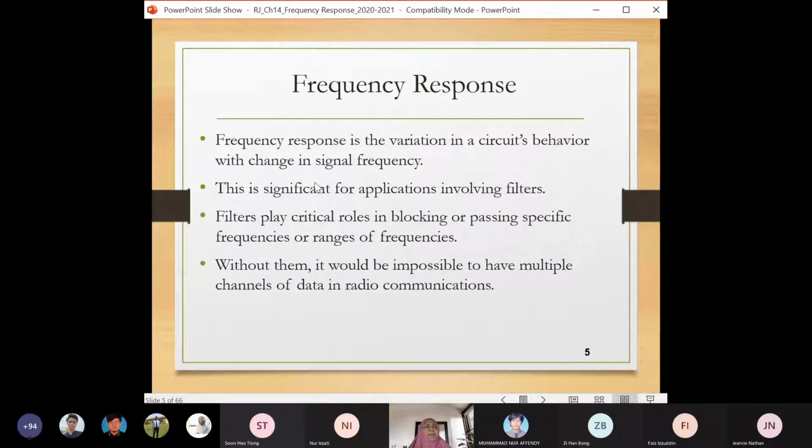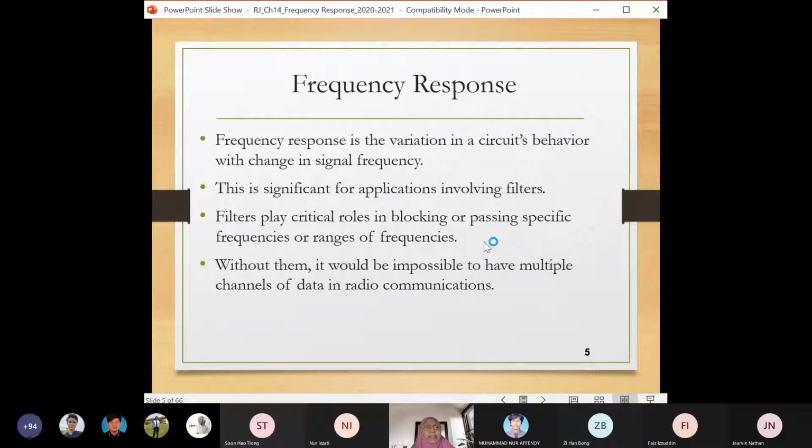Okay, the frequency response is actually the variation in a circuit's behavior with change in the signal frequency. This is significant for applications involving filters, and filters play critical roles in blocking or passing specific frequencies or range of frequencies.